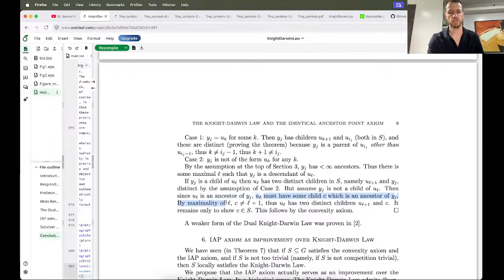By maximality of l, c is not equal to l plus 1. Thus Ul has two distinct children, Ul plus 1 and c. It remains only to show c is in S. This follows by the convexity axiom.